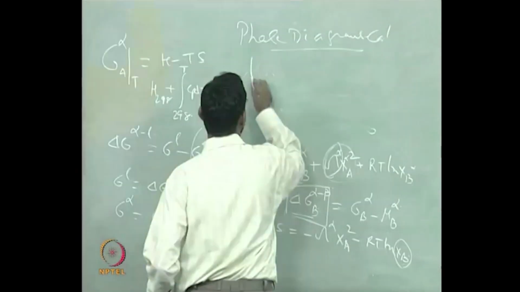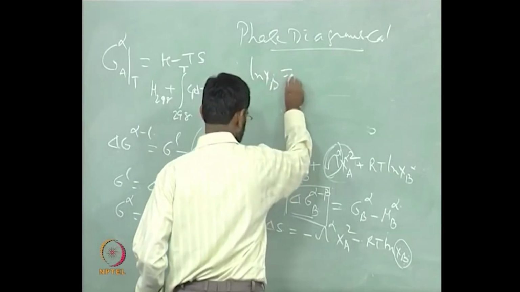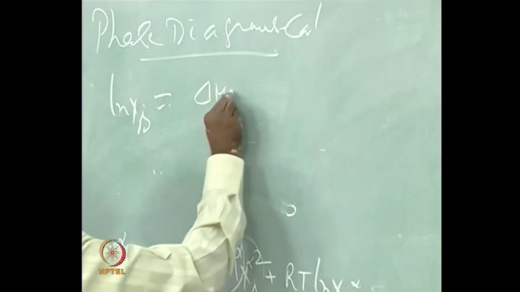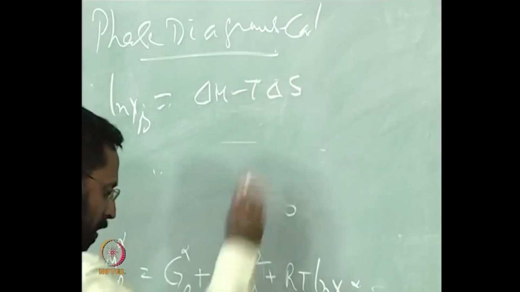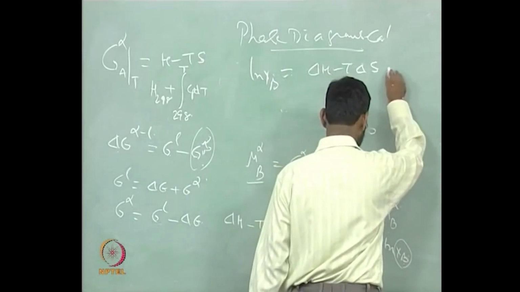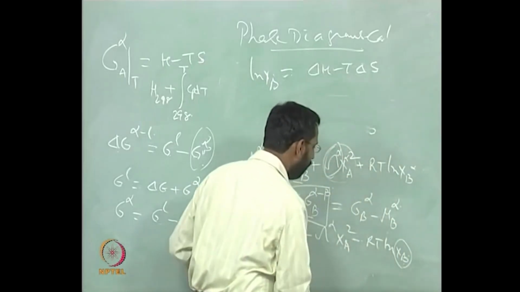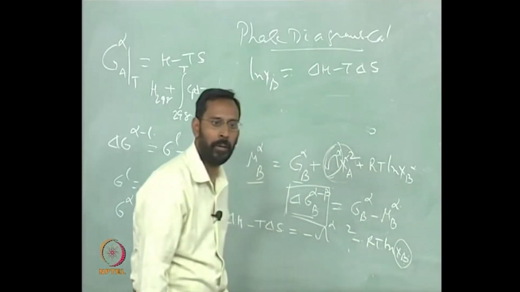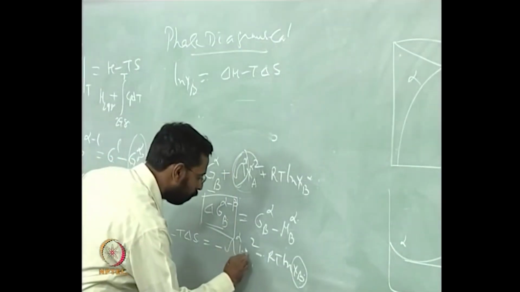You can easily write, for example, ln xb is nothing but delta H minus T into delta S. So, you have to write this in terms of 1 minus xb whole square.